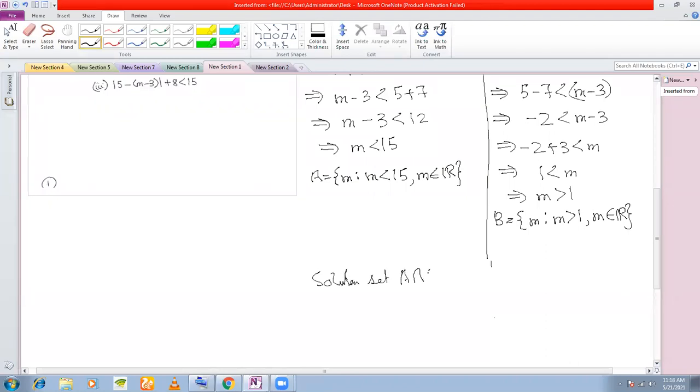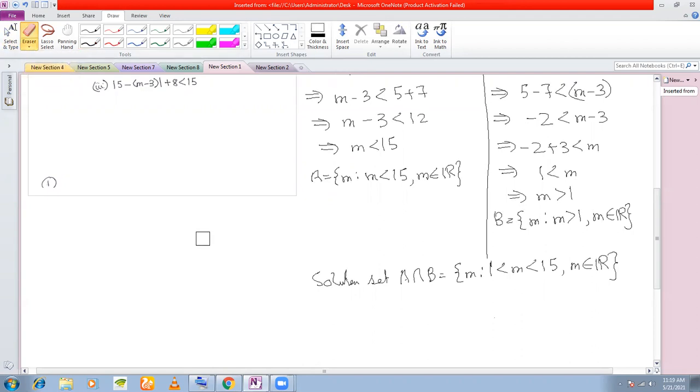A intersection B. M less than 15 and m is greater than 1. That means m must lie between 1 and 15. So that is the solution set. This is how we treat the modulus value problems.